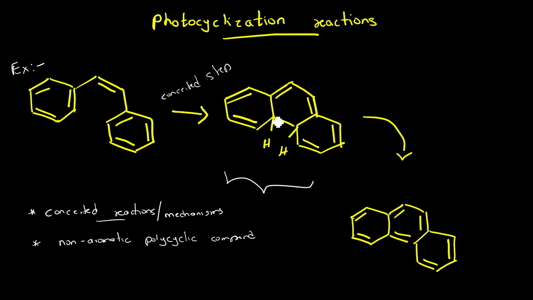As you can see, there are two hydrogens coming out of the plane, which means these are not aromatic compounds. Through this non-aromatic compound we can obtain the aromatic compound as our last product. This is the secondary step, or secondary reaction. This secondary reaction will regain its aromaticity.